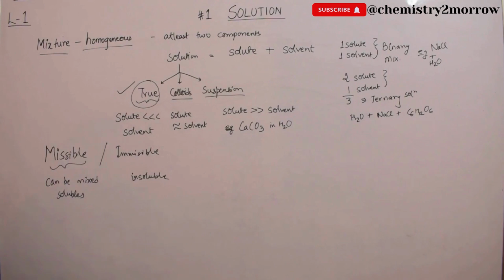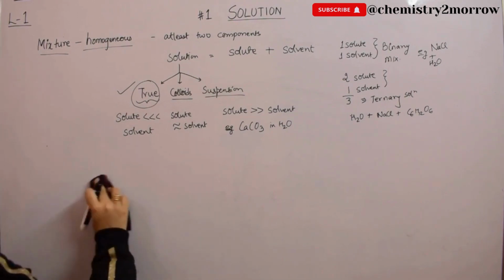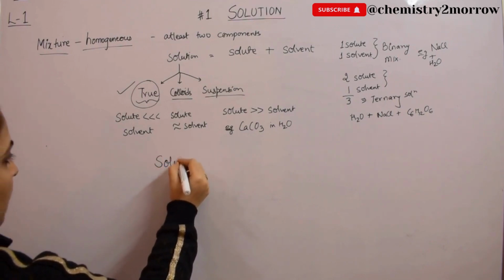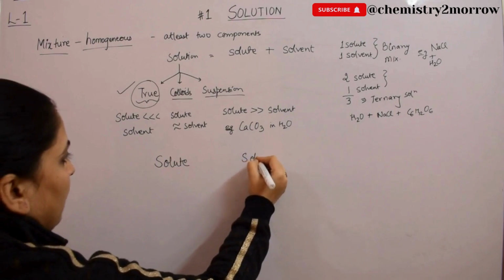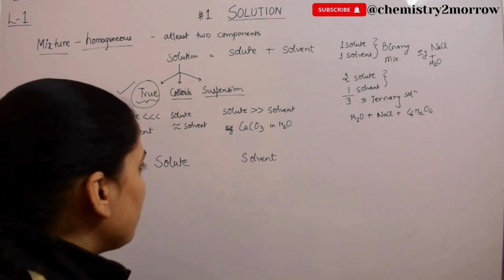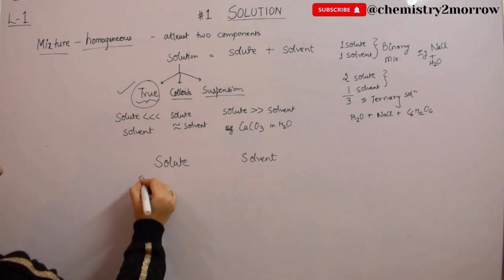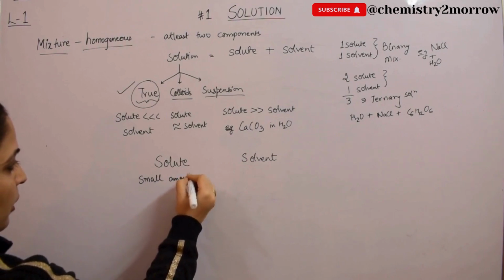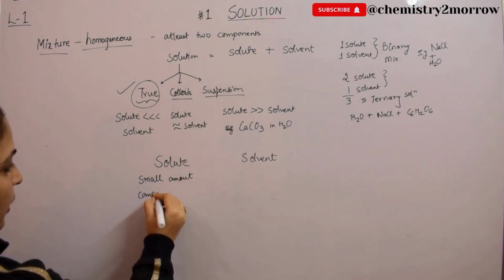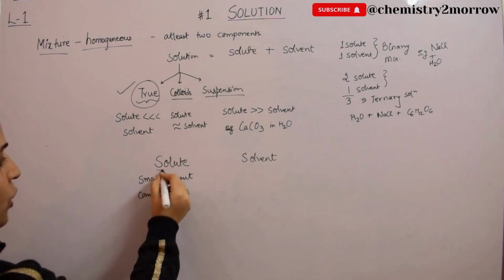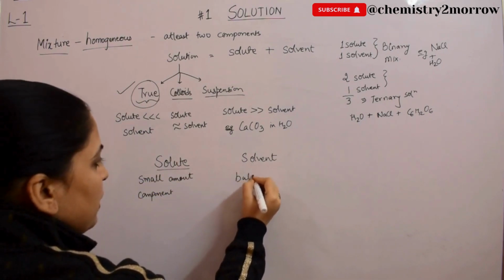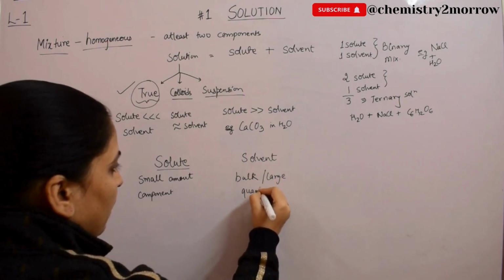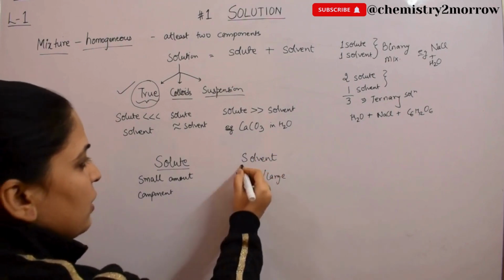Now let us see how we identify and classify solute and solvent. So far we know that whenever in a mixture the small amount of a component is referred to as a solute, and whichever is present in bulk amount or large quantity is referred to as a solvent.